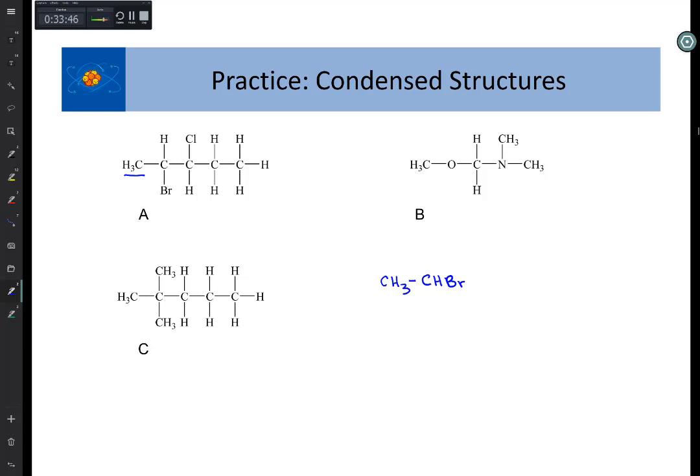I just want you to see how I'm consolidating everything. And it'll be CHCl. And then it'll be CH2. So this is for A, in case you weren't sure. And then it'll be CH3.